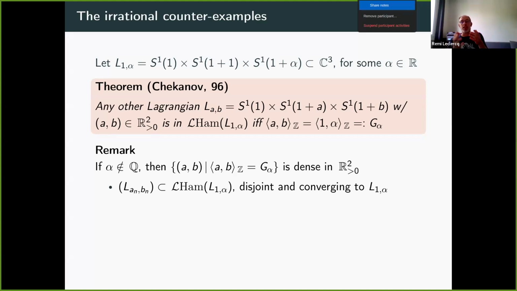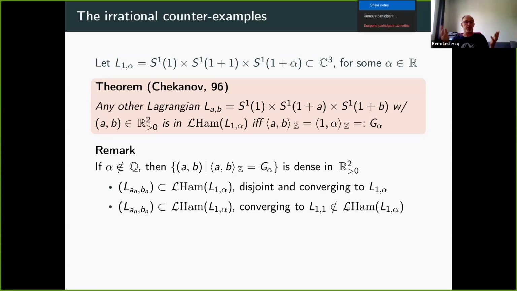Take a sequence A_n, B_n in this set which converges to 1, alpha. Then you get a sequence of tori which you can assume are all disjoint, because it's just taking A_n, B_n different from A_k, B_k for any n and k. This you can always do. They are all disjoint, they are all in the Hamiltonian orbit, and they converge to L1 alpha. So this gives you the first point already.